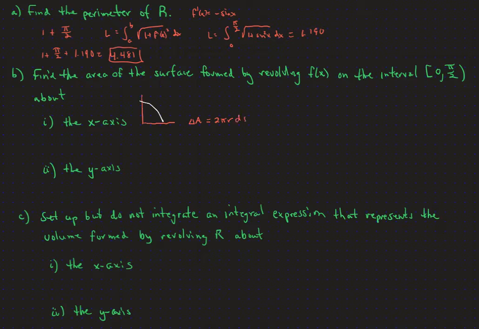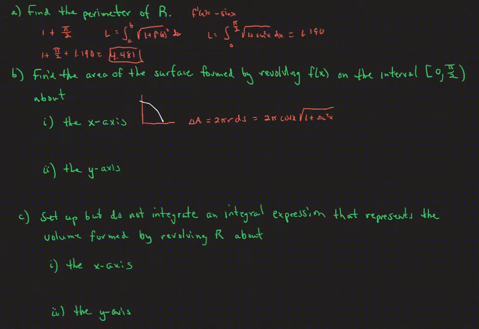And then the shorthand version is going to be that differential arc length. So in our case, if we are revolving around the x-axis, then that radius is going to be our function. So that's going to be 2 pi times our cosine x, that's the radius, and then we're going to get our square root of 1 plus, and we said that was going to be sine squared x.